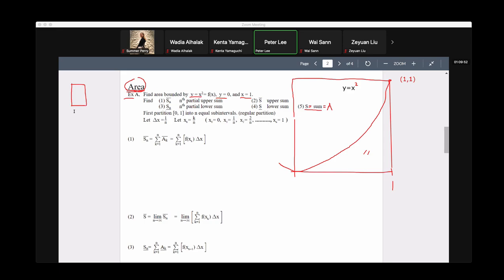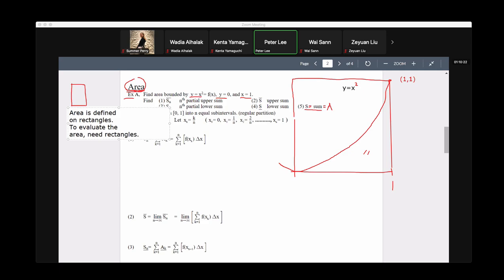Area is defined on a rectangle. So if you want to evaluate area, what do you need? You need a rectangle.